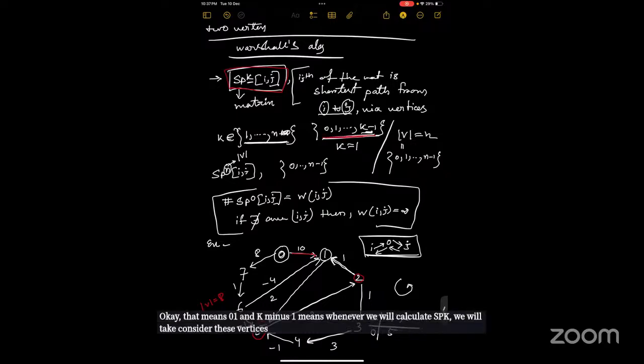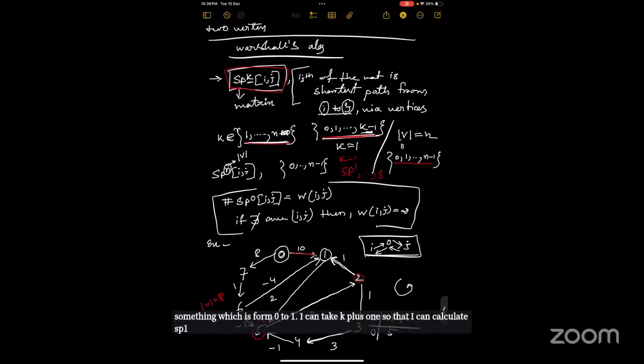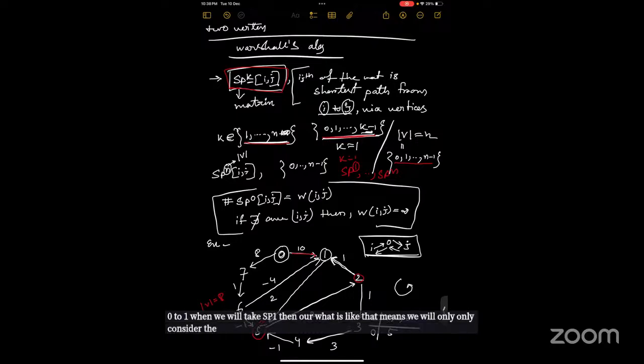If I take the vertices as 0, 1 to n minus 1, then k can be 1, so that I can calculate SP1 up to SPN. When we take SP1, we will only consider the edges which are connecting I to J via 0.